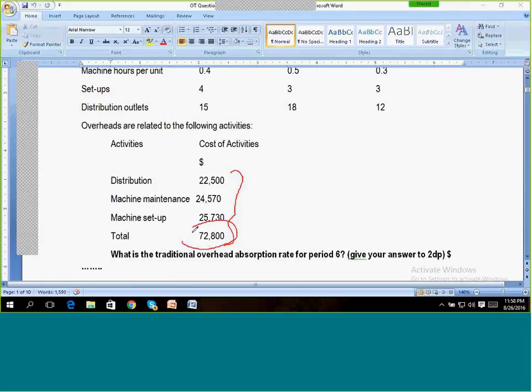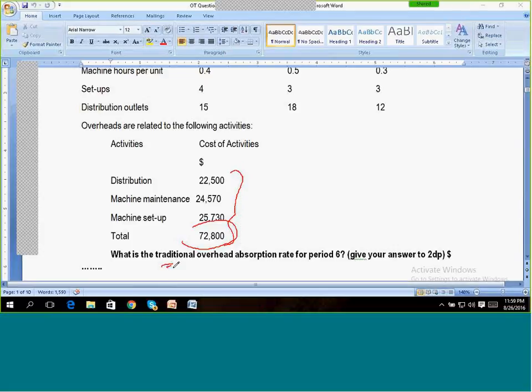That's overhead into different activities. That kind of information is relevant if we are doing activity-based costing. But the question is not about activity-based costing, it is about traditional overhead absorption.